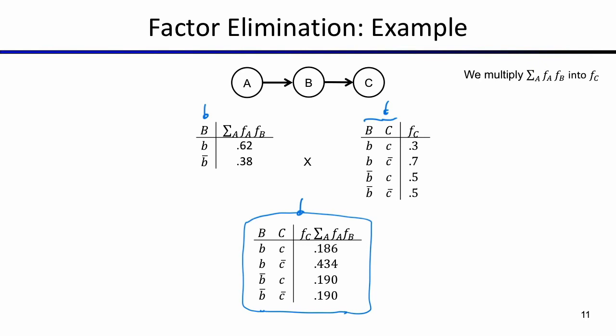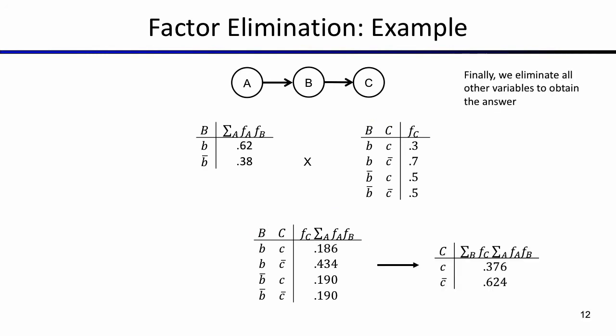We leave the while loop, and we have the final step, which is to return the projection of this factor over the variables in Q. In this case, that is the variable C. So what I'm going to do is eliminate the variable B, and we're going to get just one factor that only mentions variable C. And here it is, right?